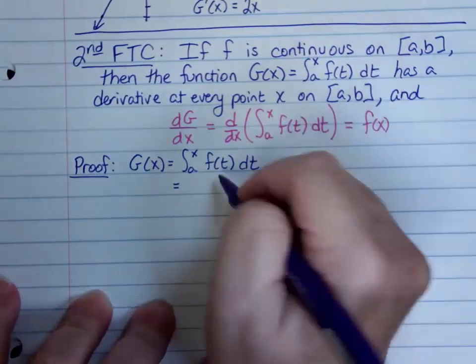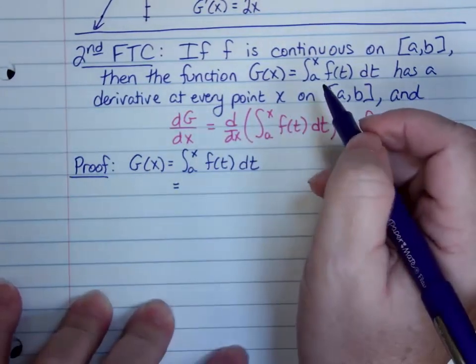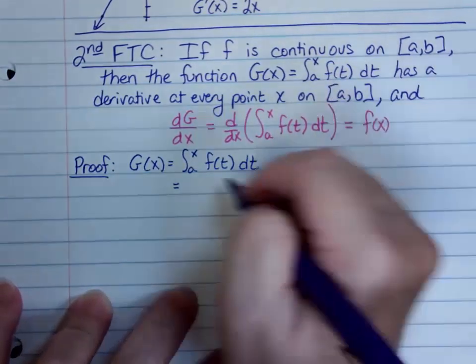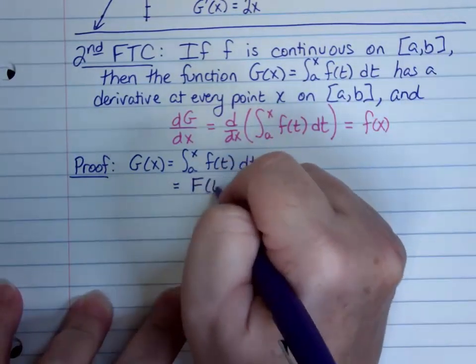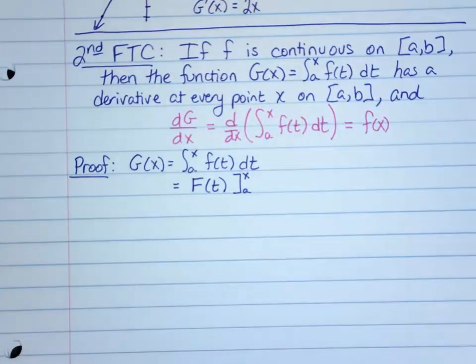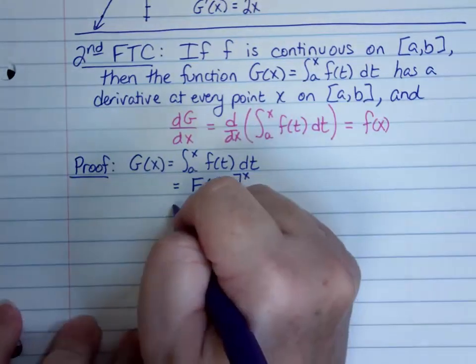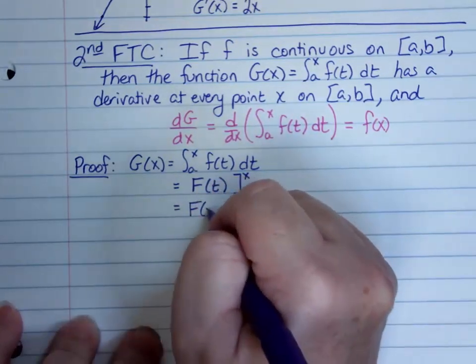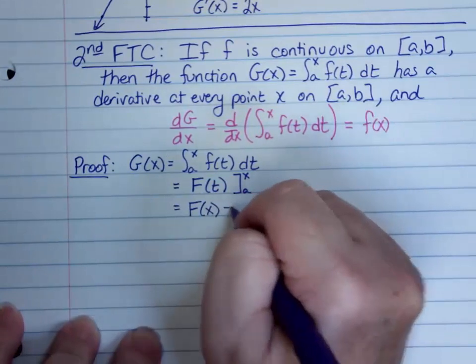What is the antiderivative of little f? Big F. So this becomes big F of t from a to x, right? Which letter do we plug in first? X. So this can be rewritten as big F of x minus big F of a.